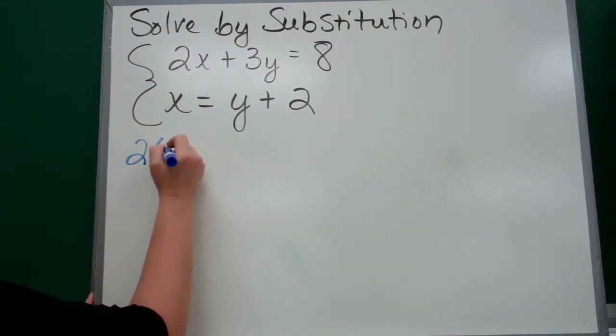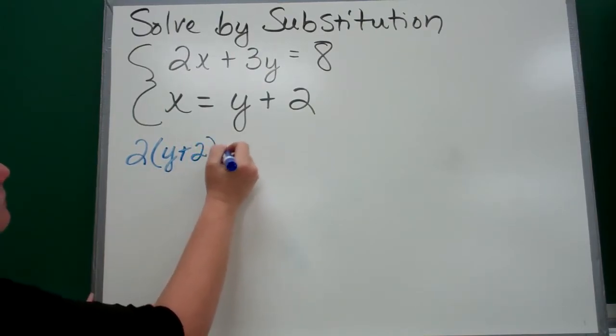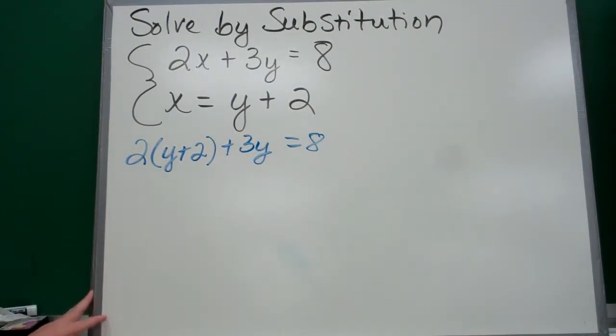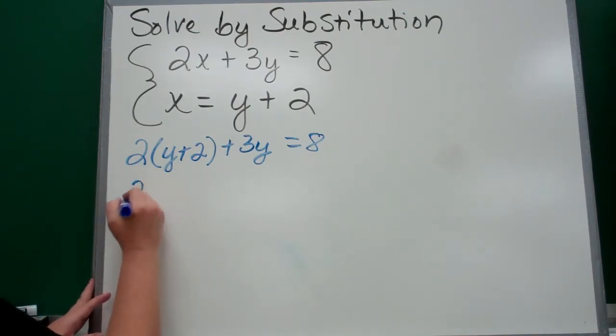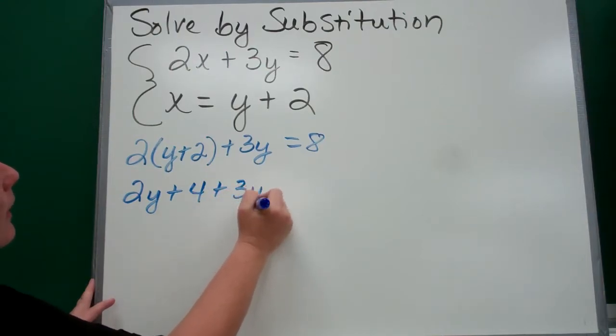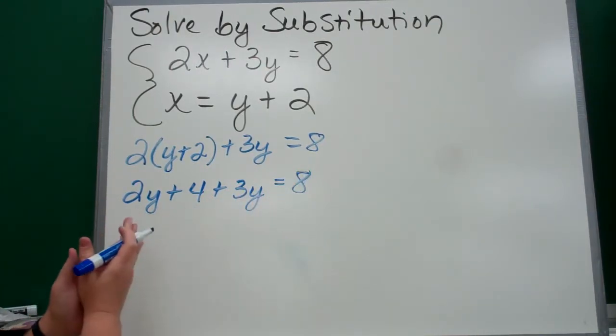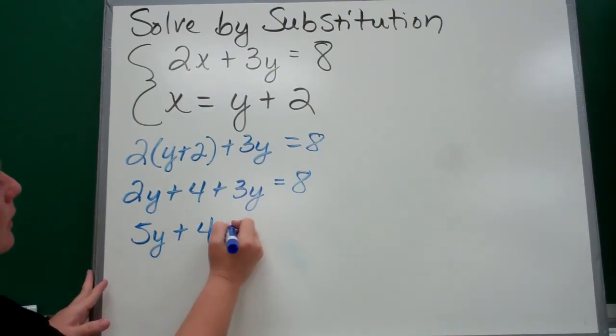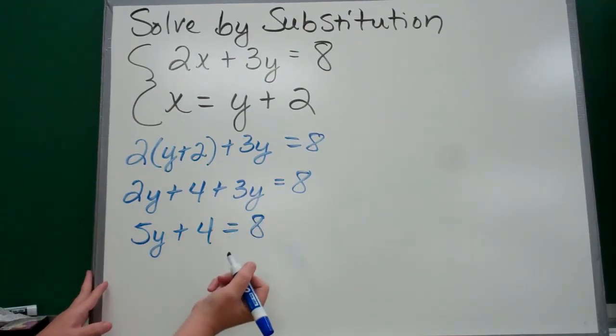So we've got 2 times (y plus 2) plus 3y equals 8. Distribute: 2y plus 4 plus 3y equals 8. Combine like terms: 5y plus 4 equals 8.